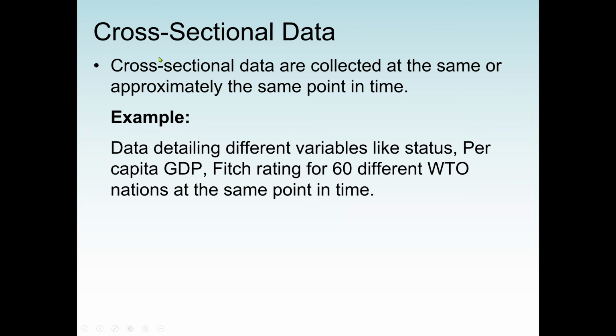So we also have what we call cross-sectional data in statistics. When we say cross-sectional data, we are saying that we collected the data at a particular point in time, not during a duration. For example, I can collect data about a customer's buying behavior within 10 years or 2 years.